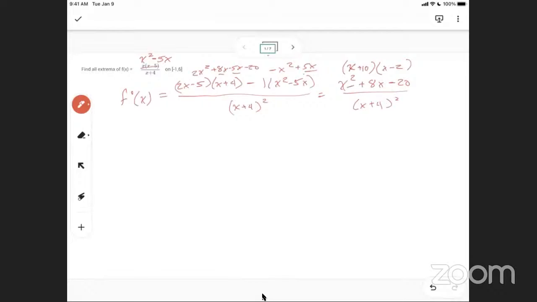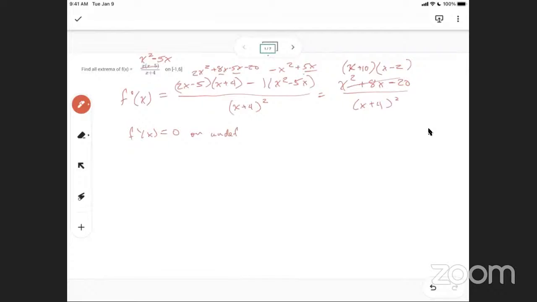Okay, good. So that's a really nice way to look at it, because now, how do I know where the derivative is equal to 0? What do I do to find that? So you have to factor the numerator and the denominator, and set them equal to 0. So it'll be x equals -10 and 2. Good. So I should say where the derivative is 0 or undefined.